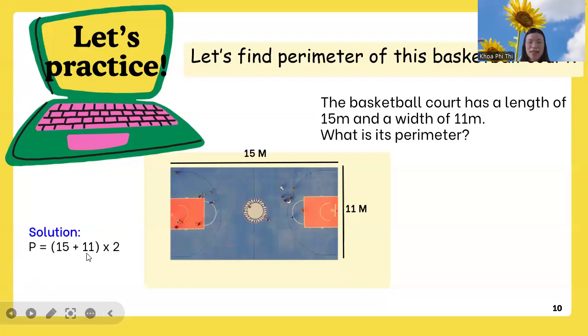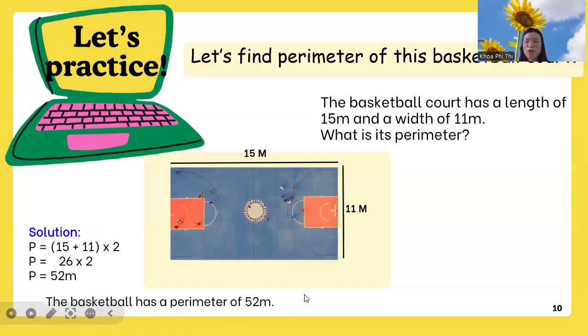So 15 plus 11 equals 26, and multiplied by 2, it gives 52 meters. So the basketball court has a perimeter of 52 meters.